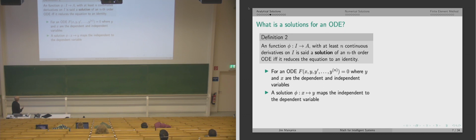It's a function that maps the independent to the dependent variable and fulfills the ODE. If I replace the dependent variable and its derivatives with phi and its derivatives, and the function is equal to 0, that means that phi is a solution.